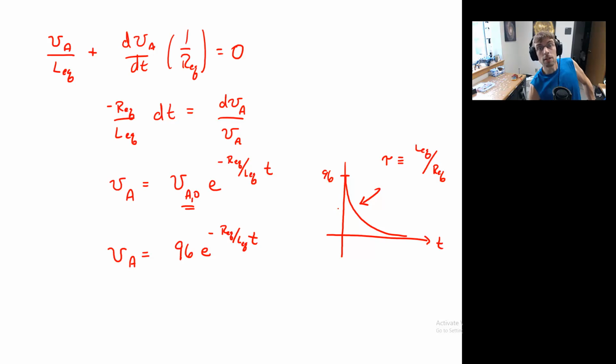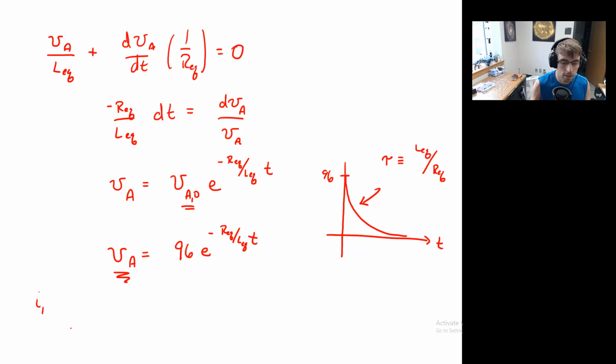But wait, there's more, right? Now, I won't go through all of it, but recall that we are asked to find I1, for example. So now that we have the potential at node A, we are going to have to go back and use this potential to find the currents for all the other things. I ran out of space again.